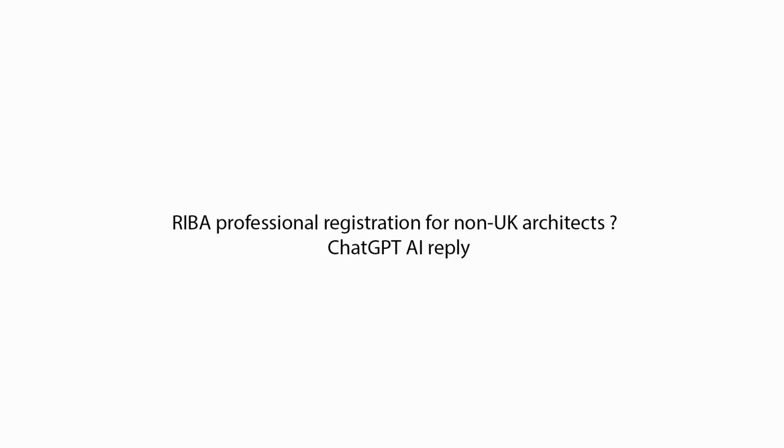Documentation you must prepare. This is critical. Academic documents: diplomas, academic transcripts, certified English translation, description of curriculum, subjects, credits, hours. Professional documents: CV in UK architectural format, employer reference letters, job descriptions, proof of professional responsibilities.